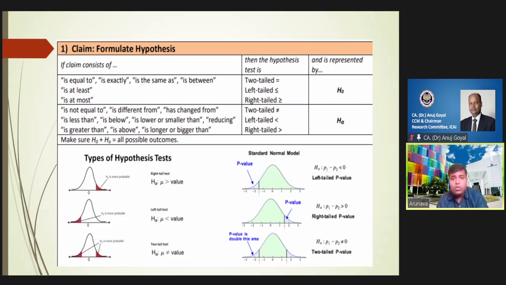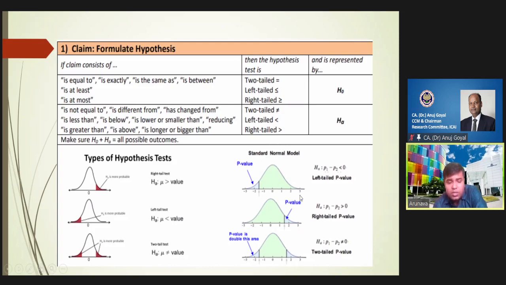Then the hypothesis test will be a two-tailed test, where we are trying to find out whether the mean value of our sample is equal to, or is exactly the same as, or is remaining in between, right? So we are going to choose a two-tail test.